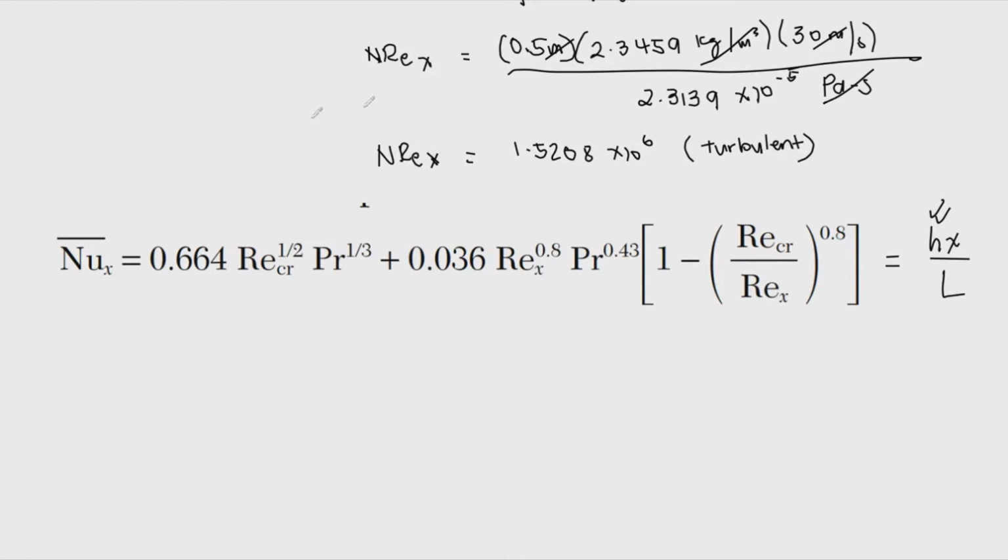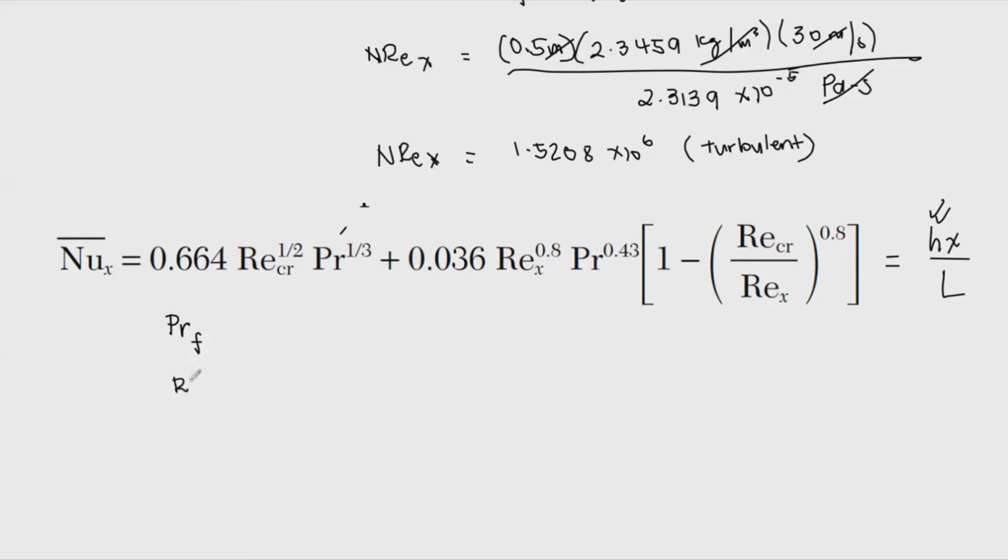Now let's analyze all the necessary properties that we need here. The Prandtl number would mean the Prandtl number at the film temperature. So we need the Prandtl number at the film temperature, also the Reynolds number at the film temperature, which is already obtained.